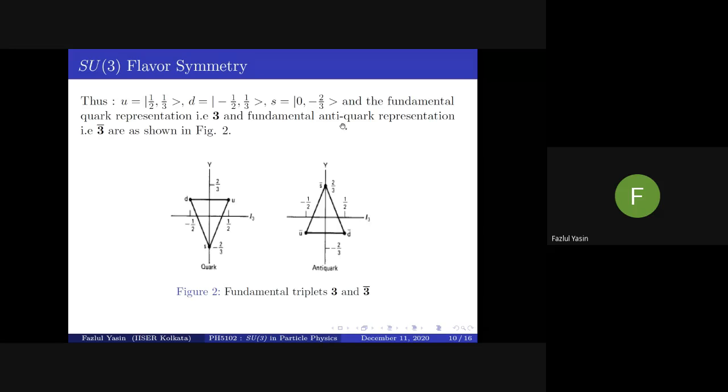Now, this gives us the fundamental quark representation 3 and the fundamental anti-quark representation 3 bar, which diagrammatically in the Y-T3 plane are represented in this manner, as we can see from the T3 and Y values also. This is the fundamental quark triplet, and this is the fundamental anti-quark triplet.